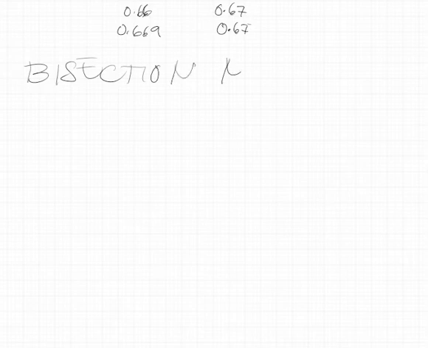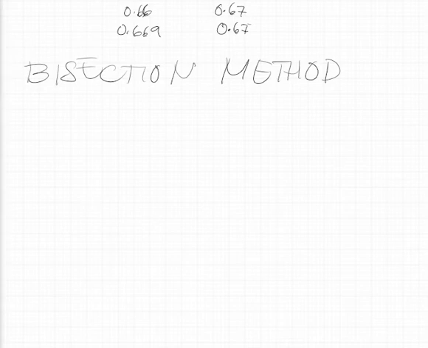The bisection method is actually a variation of the incremental search method. The only difference with the incremental search method is that bisection uses the half of some interval that we already know through the incremental search.